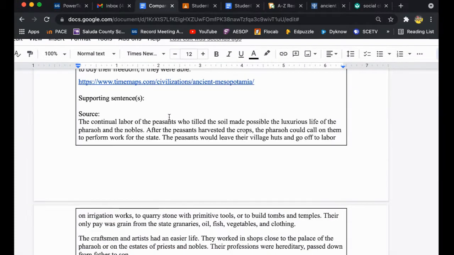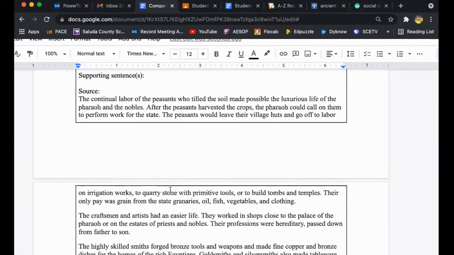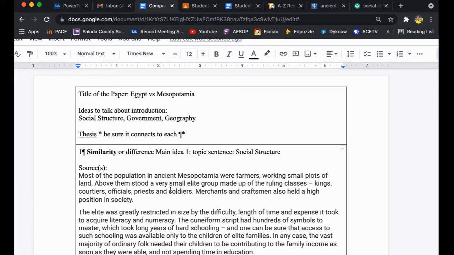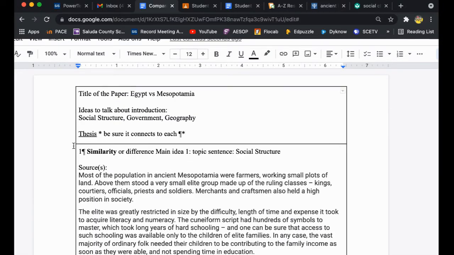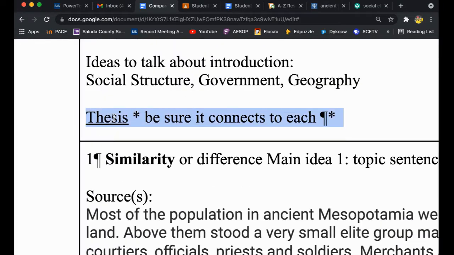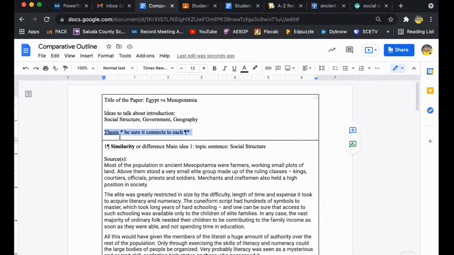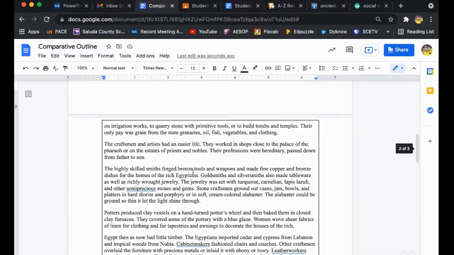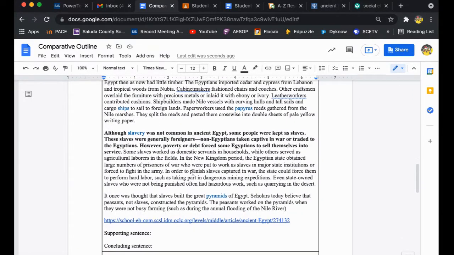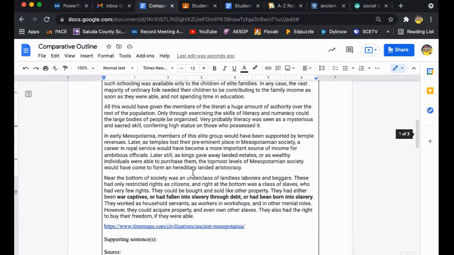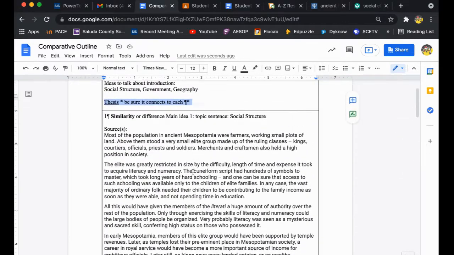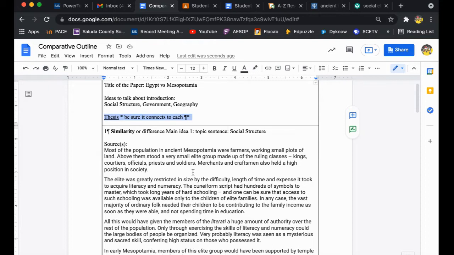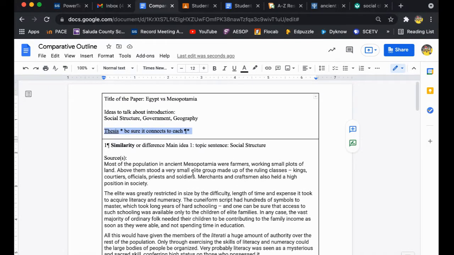But remember, when you are making these comparisons, you also are going to have to make a thesis, and be sure that your thesis, your underlying argument, relates to all these paragraphs. But I highly recommend, if you're working with partners, I highly recommend y'all to divide this up so it won't be so complicated.